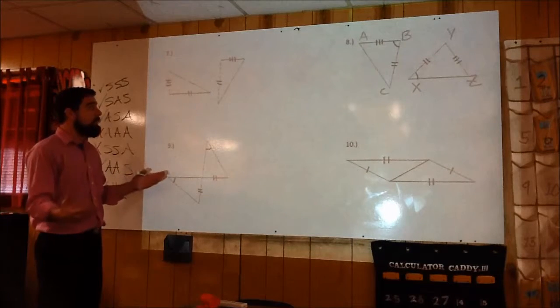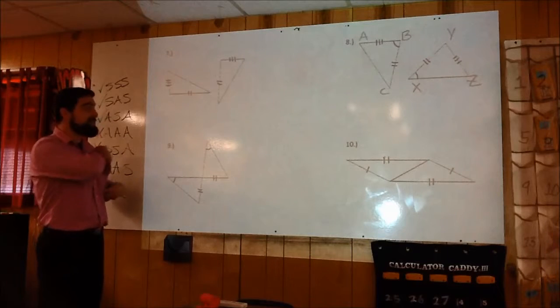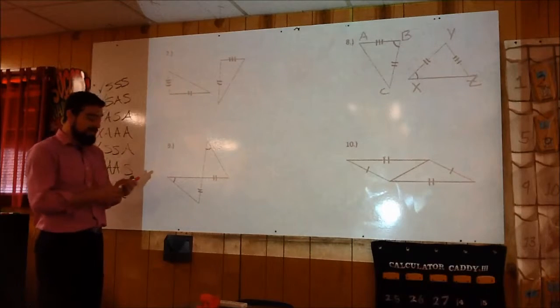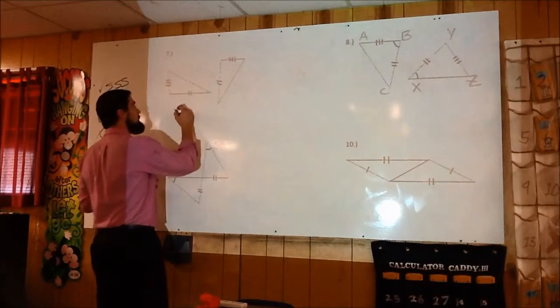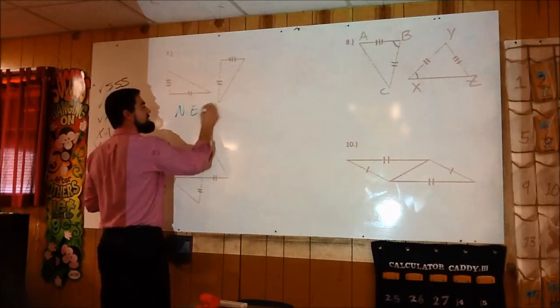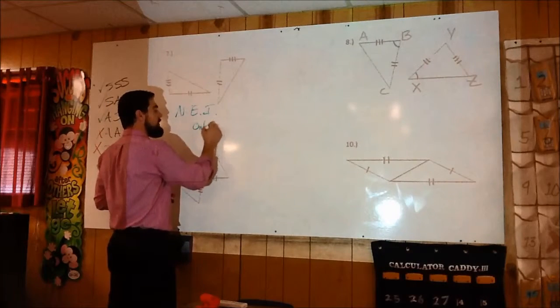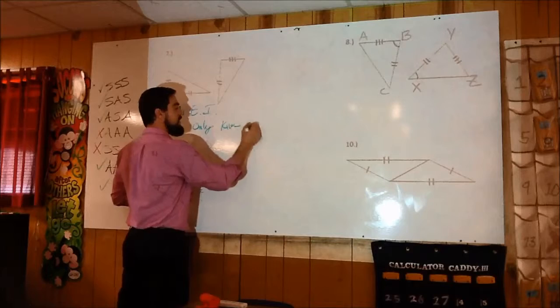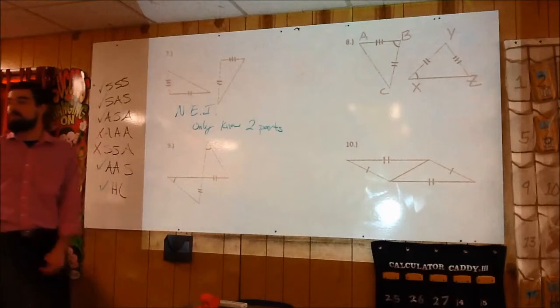There's nothing. This would be an example where we would simply say, not enough information. Only know two parts. So, an answer on a quiz or test that I would expect from you: NEI, not enough information. Only know two parts. You need 3. We know that.